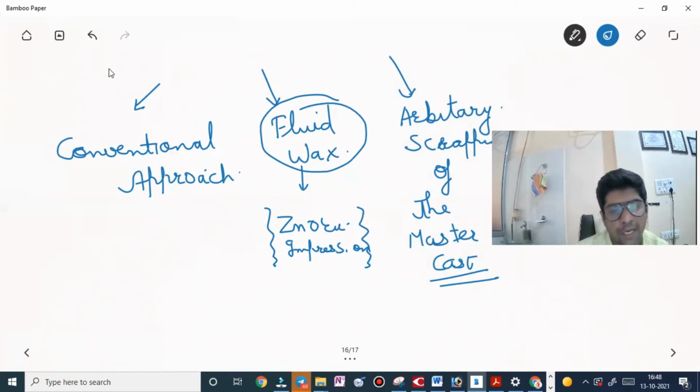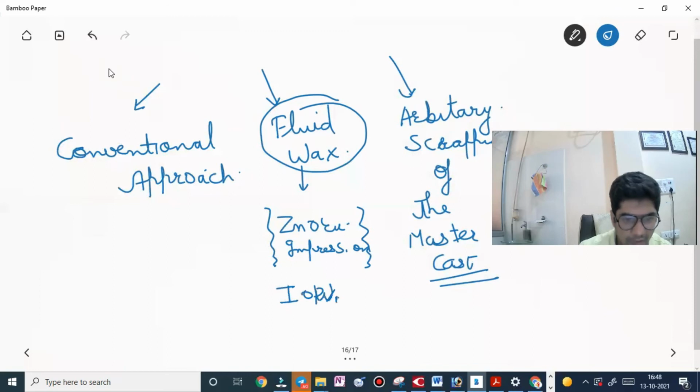What are the commonly used waxes? Remember, for your exam: Iowa wax, by Smith. Correcta wax, by Applegate.